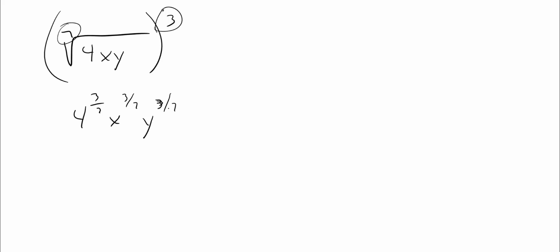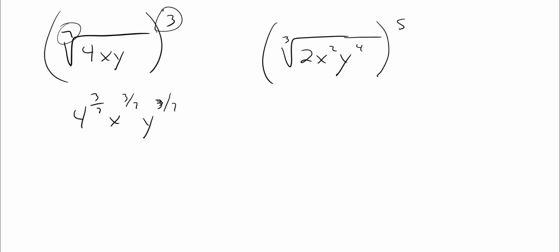Okay, it's not bad. What happens if you have something like this? Let's say we have the cube root of 2x squared y to the 4th, and you do that to the 5th power. So it's got a little bit more to it. Here's the deal. That 3 is still a root.